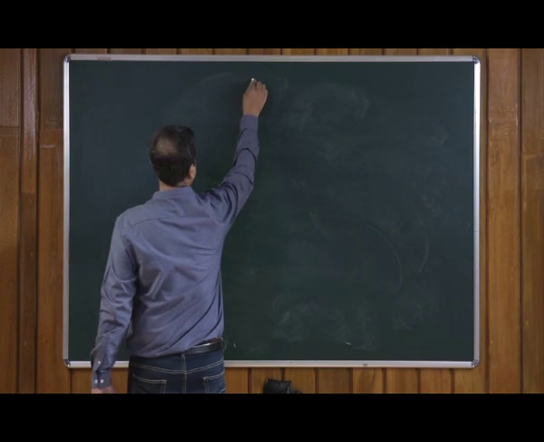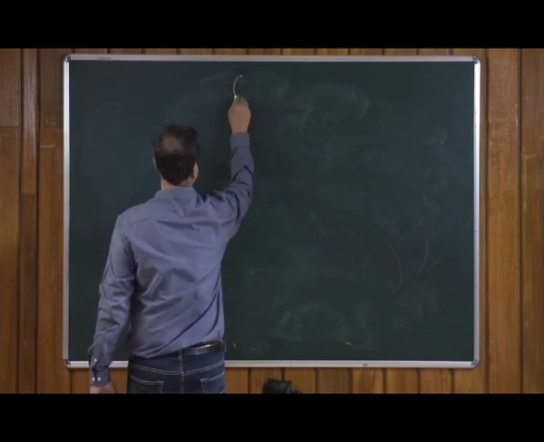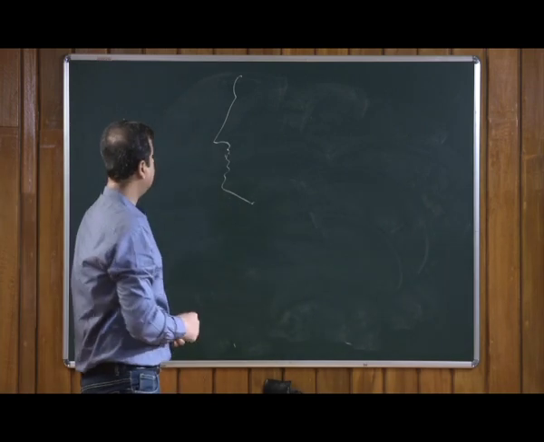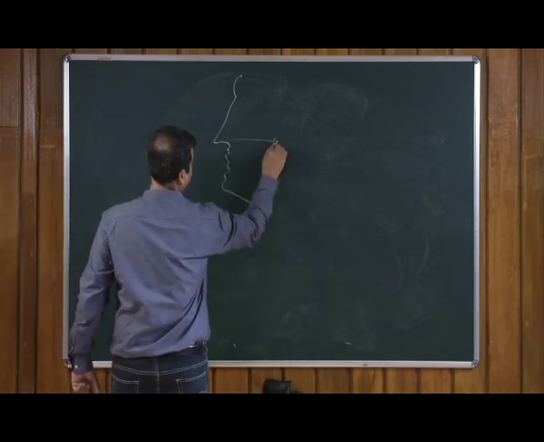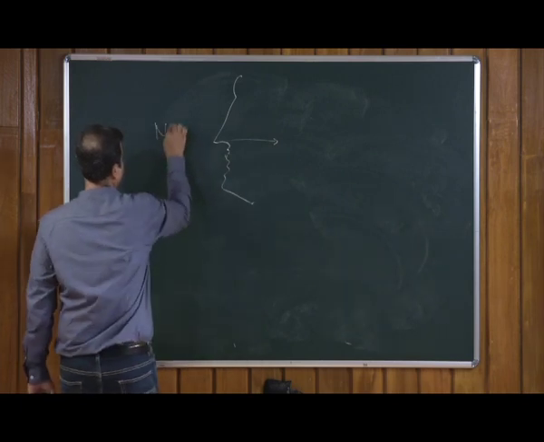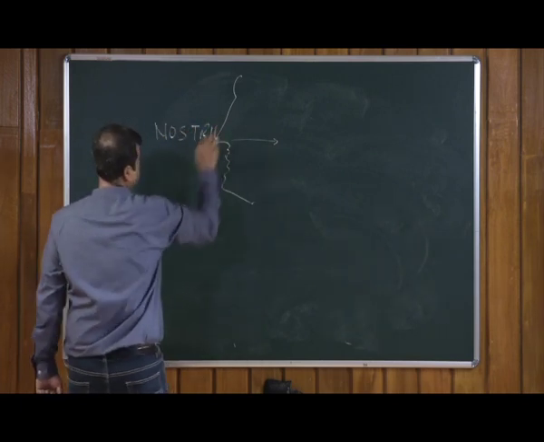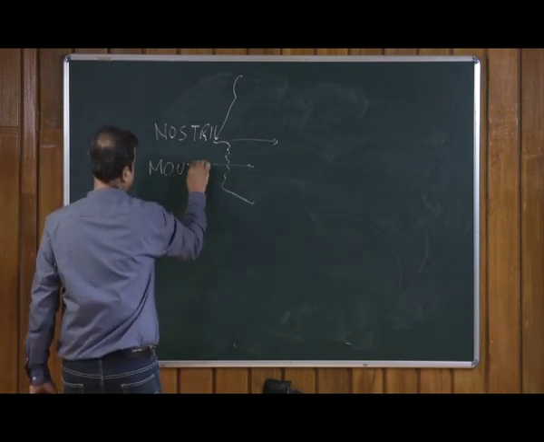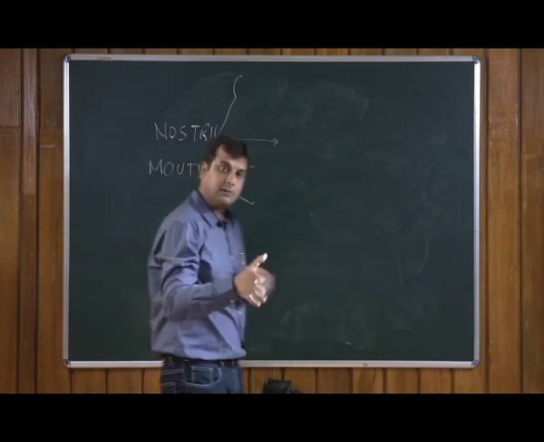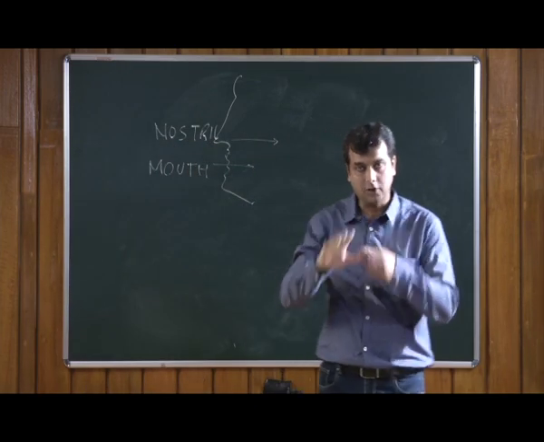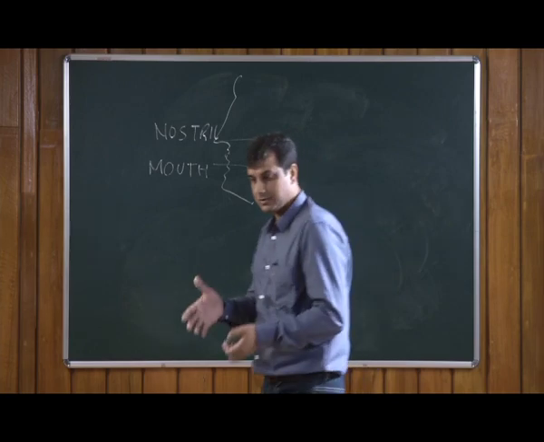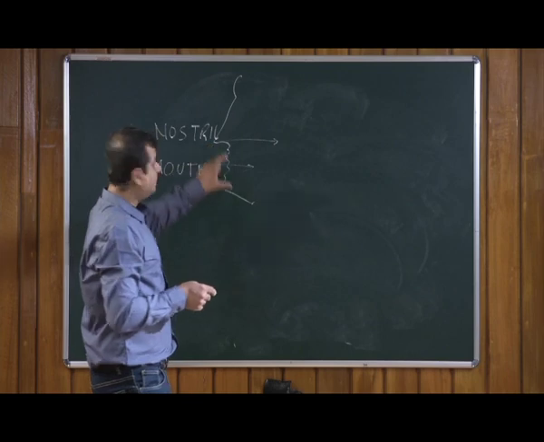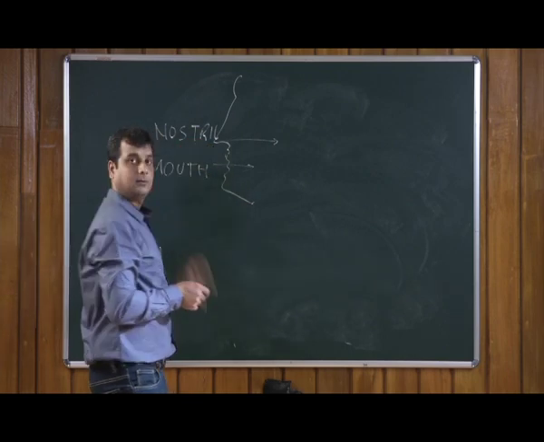So, if we draw roughly, you have the nostril as one passage, and then we have the mouth. A kind of normal passage. The normal air, the mixture of oxygen, nitrogen, carbon dioxide and other gases, enters the body through either the nostril or the mouth.